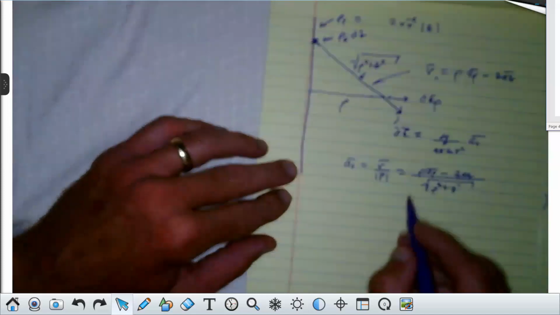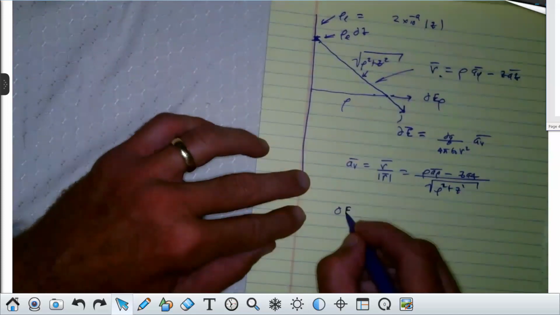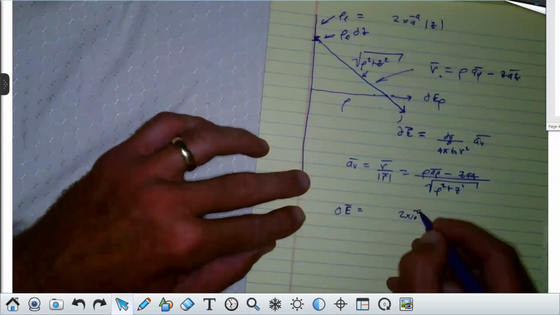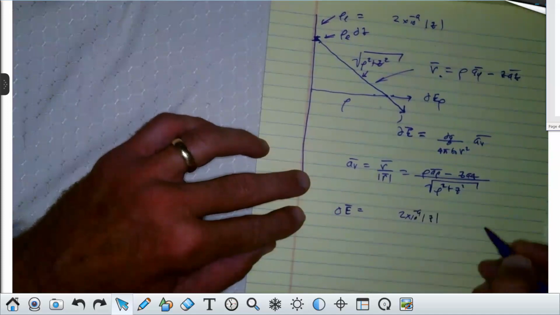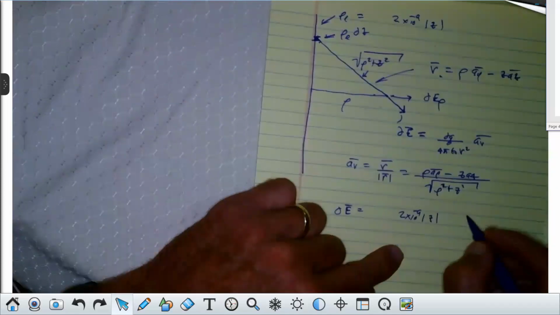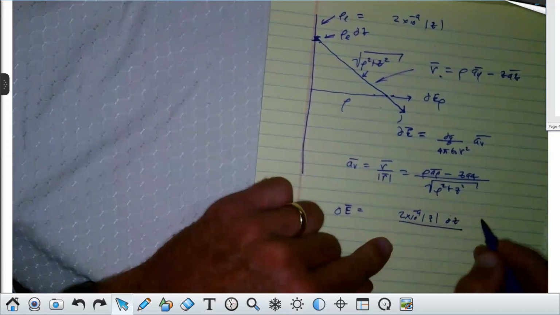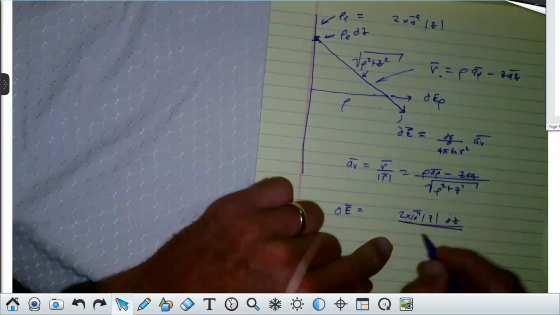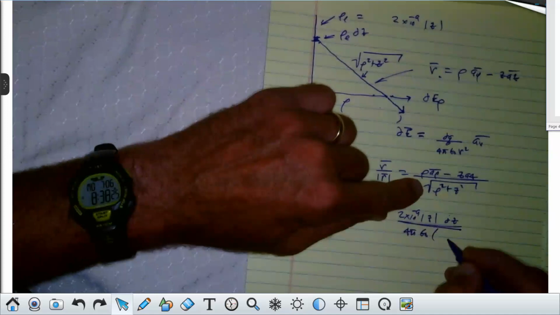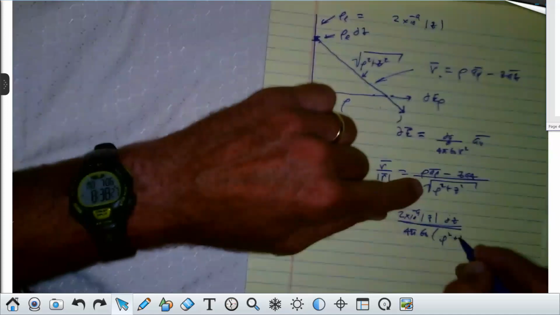So that means dE here would be equal to rho L, which is 2 times 10 to the minus 9 times the magnitude of z here. And then it's going to be dz, that's dq, that's this, over 4 pi epsilon naught, right? And then you're going to have r squared, which is just going to be rho squared plus z squared.